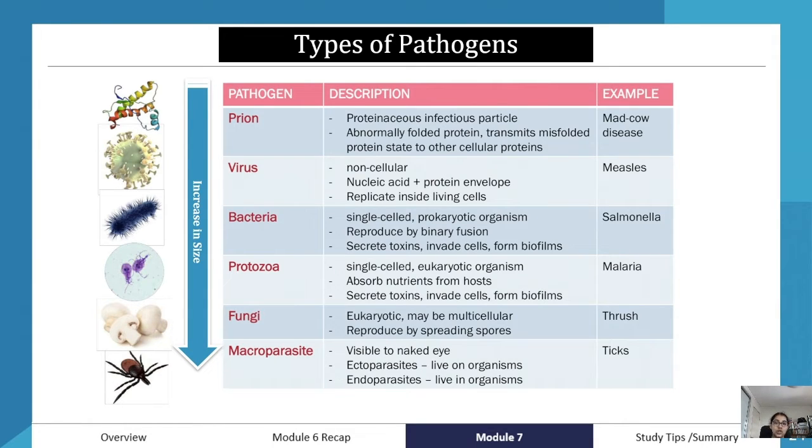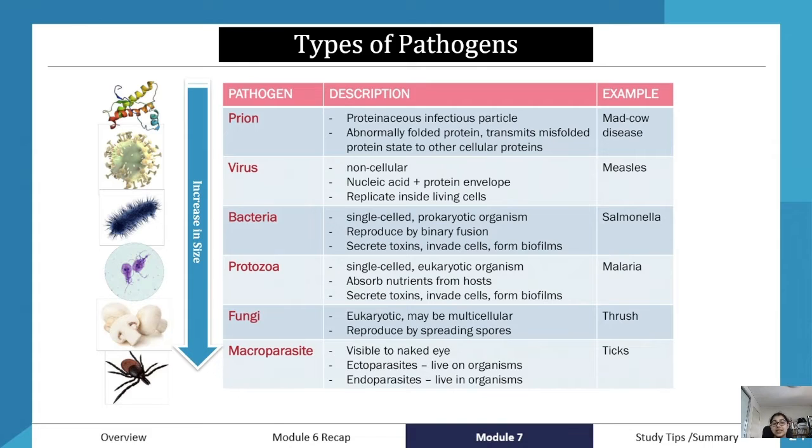SARS also caused the first coronavirus outbreak, I think, in 2003. And there are other diseases that it has caused, like the MERS virus in the Middle East. Okay, so an example of that is measles, right? And of course, COVID-19.